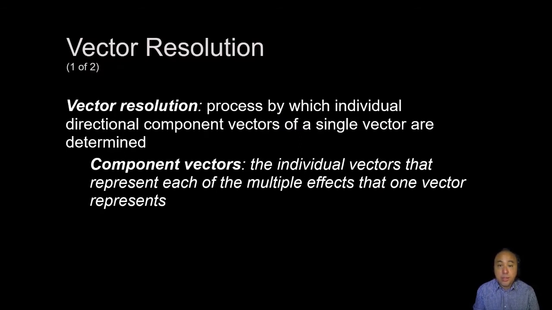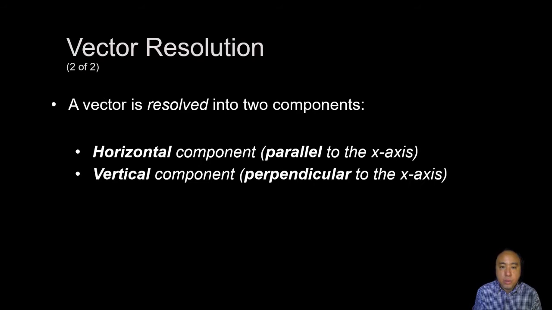Vector resolution is the process in which we resolve these resultant vectors, or vector quantities, into their individual components. For this first set of examples, we're just going to concentrate on the two-dimensional sense, not 3D. Even though in reality we deal with motion in three dimensions, we're just going to worry about two dimensions, so x and y axis.